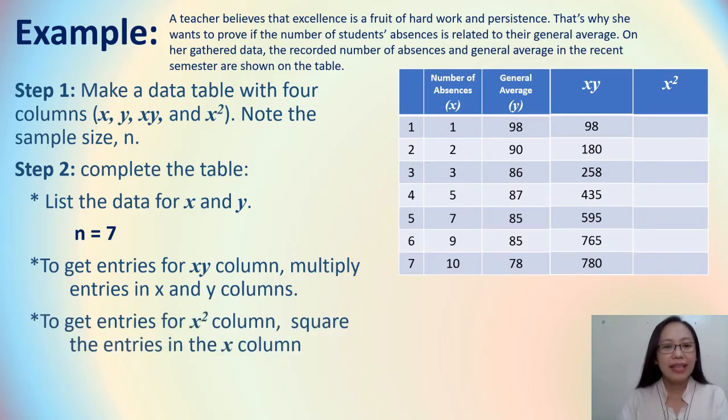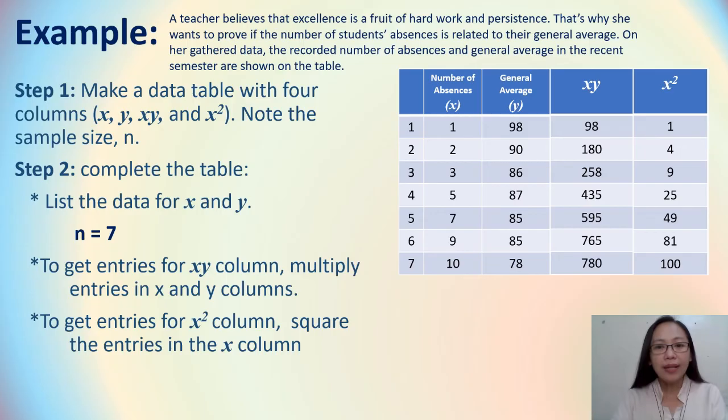Now for the x squared column here, we have to square the entries in the x column. So this is the x column, and we have to square the entries here.